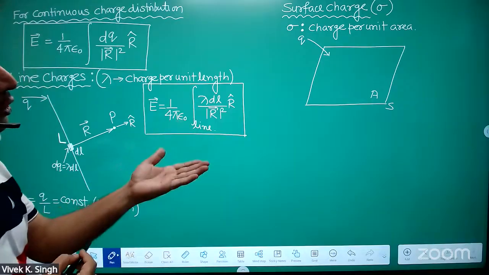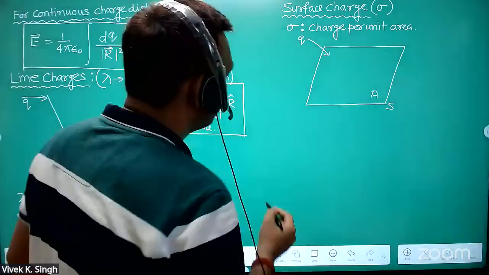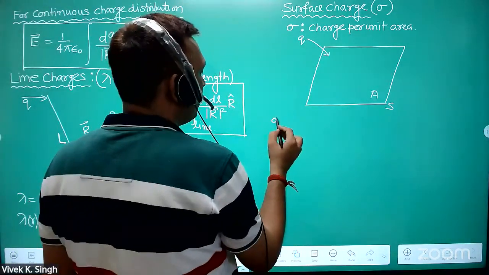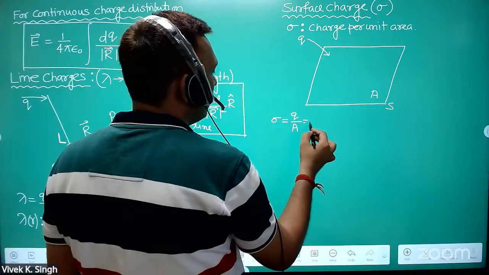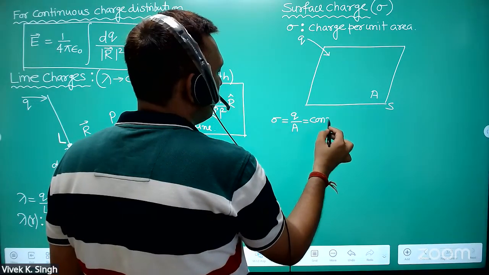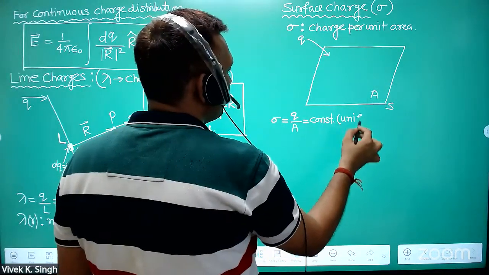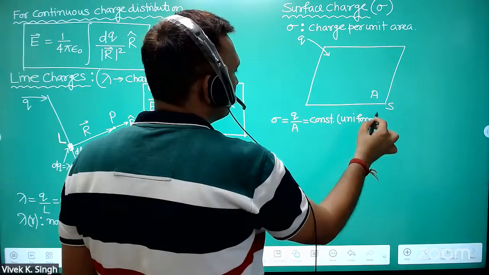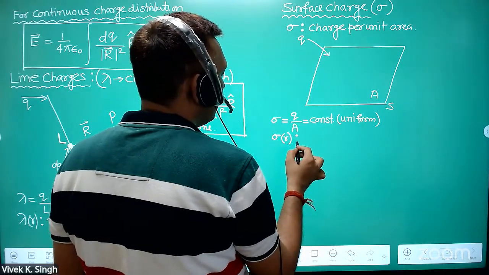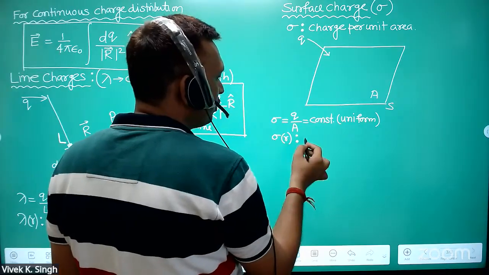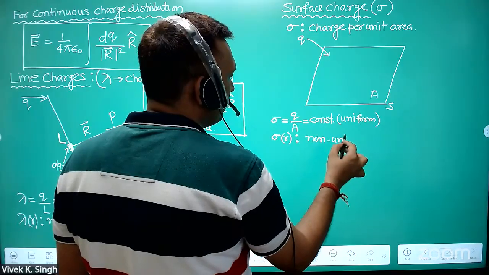Total charge is Q and that is distributed over this surface. So sigma will be given by Q by A. And this is constant. So this distribution is uniform. And if sigma is a function of r, we say that distribution is non-uniform.